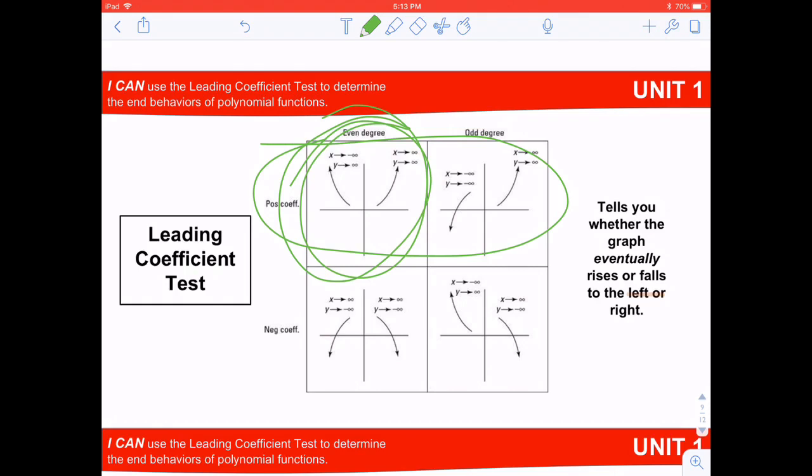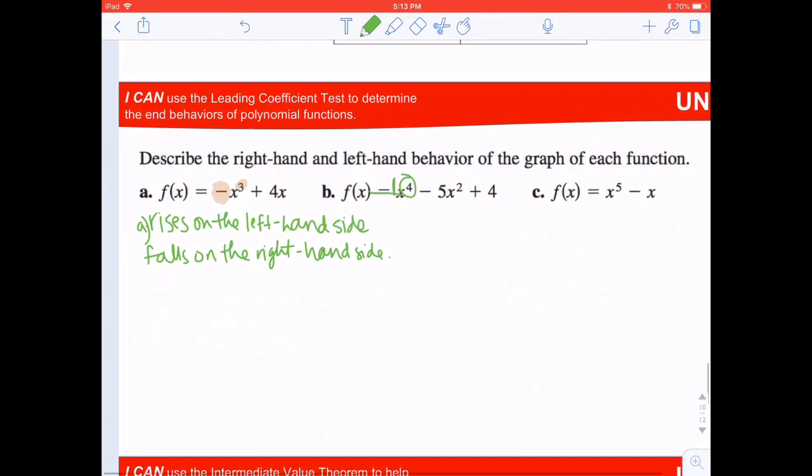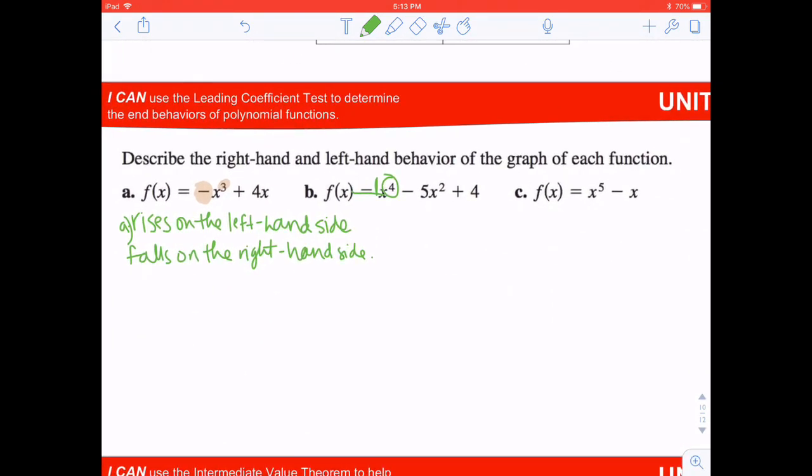They're both going to be rising. The left-hand side rises and also the right. Left and right hand side.